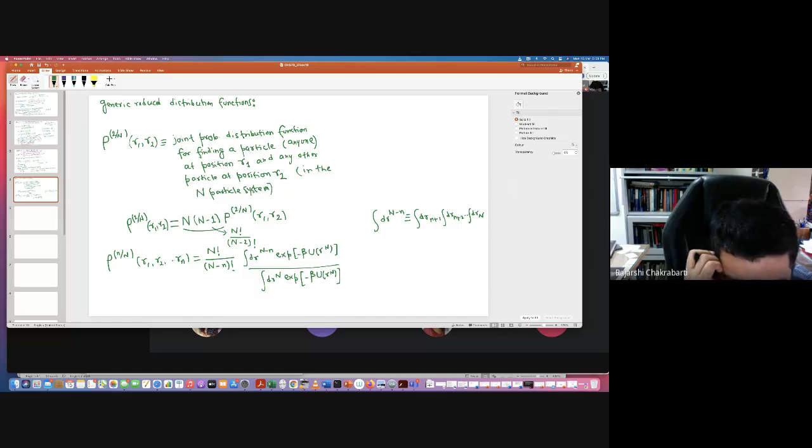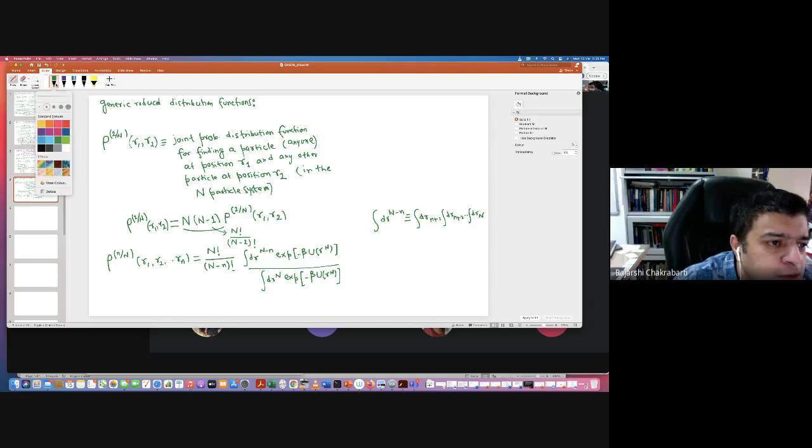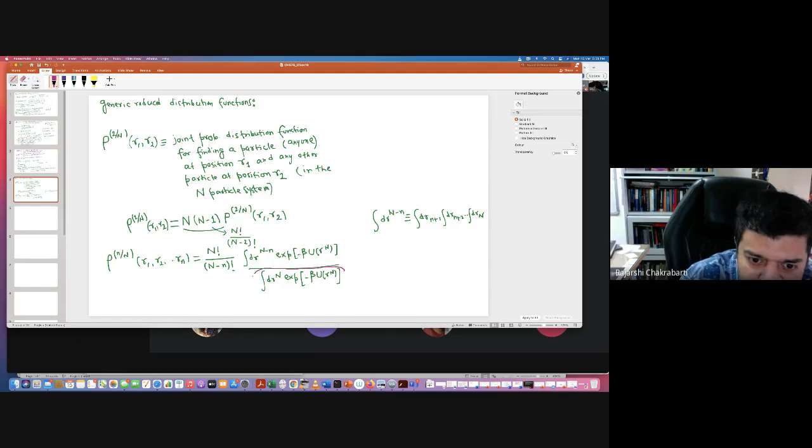Okay, is this clear? Because if you see your definition, it is like that. And the quantity which is in the denominator, I am calling it capital Zn. This is called the configurational integral.